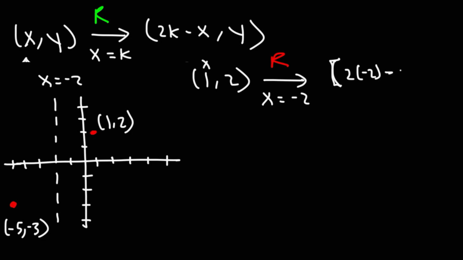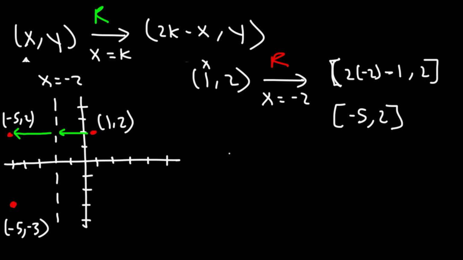X is 1. 2 times -2 is -4, minus 1, that's going to be -5. So the new point is (-5, 2). And if you think about it, to go from this point to the line, we need to travel 3 units to the left. So to get the reflected point, we need to travel another 3 units to the left, and it's going to take us here, which is at (-5, 2).